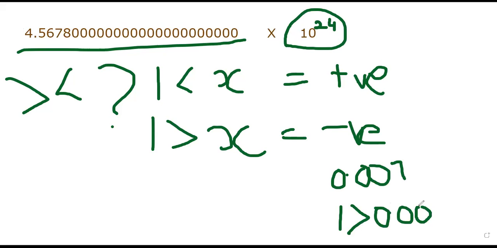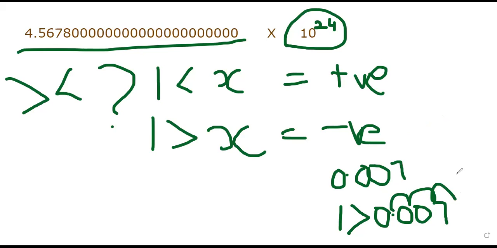So here we will shift this point. Now here you will have some confusion, but no worries, it will be solved. We will shift it in the negative direction when the number is less than 1. We'll shift it till the end.